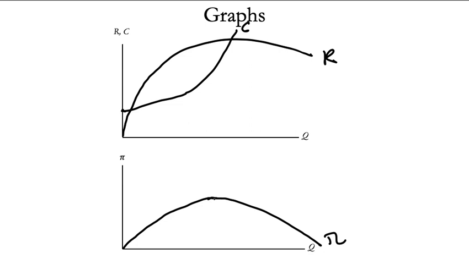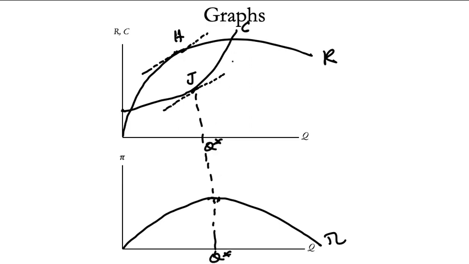Now, if you look at the maximum point here, at my drawing, I have point H here, and then point J here, and then we have the maximum point here, and we call it Q star.